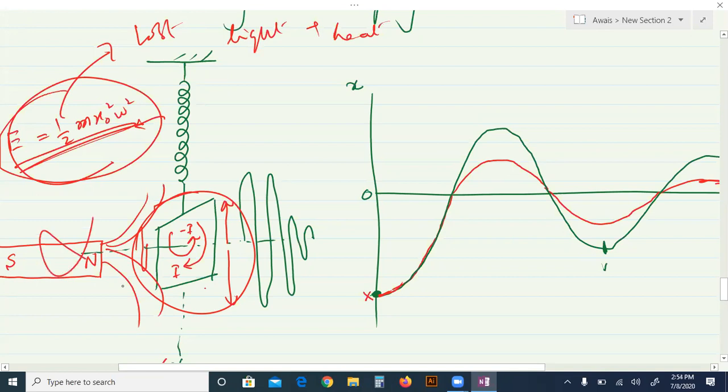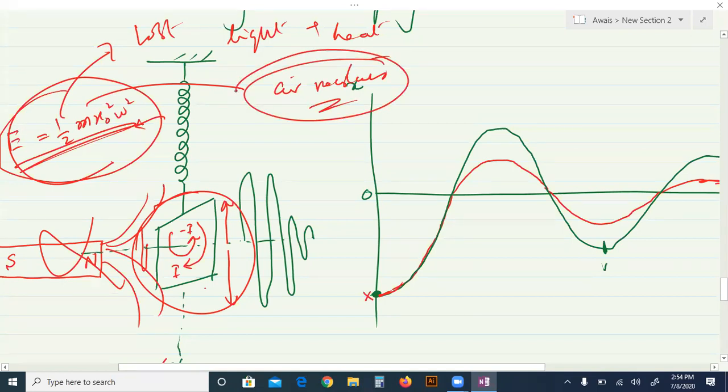In the absence of the magnet, it was lost only to overcome the air resistance. Now, it is lost in two ways: in overcoming the air resistance, and due to the spark as light and heat.